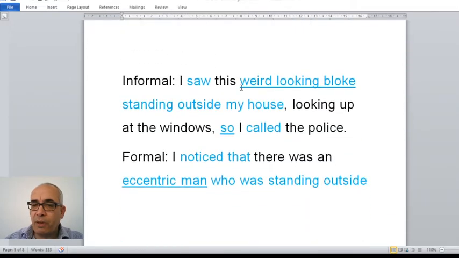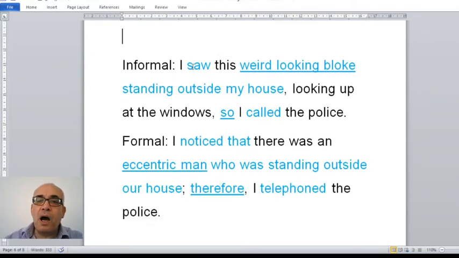This one now: "I saw this weird looking bloke standing outside my house looking up at the windows, so I called the police." So "I saw," I change it into "I noticed that." So this is formal now. "Weird looking bloke," I change it into "eccentric man."